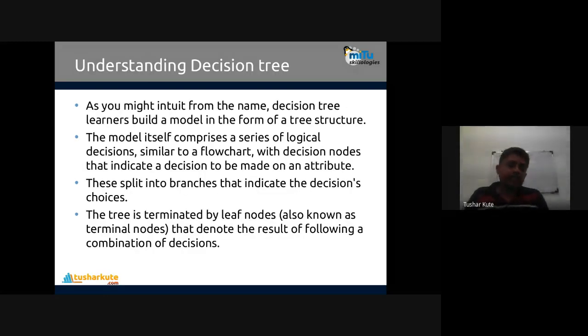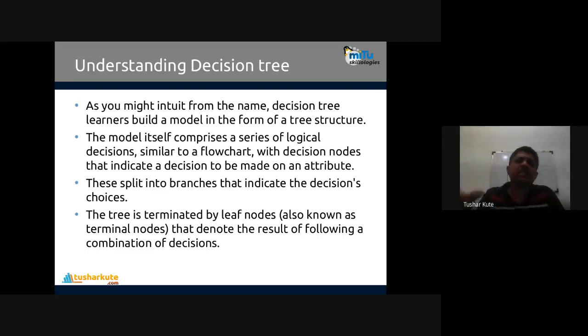So let's understand what exactly a decision tree is and how this model of machine learning is applied. As you might intuit from the name, decision tree learners build a model in the form of a tree structure. The model itself comprises a series of logical decisions similar to flowcharts, with decision nodes that indicate the decision to be made on an attribute. These split into branches. I have a final node that I want to achieve, so I'll have a series of decisions based on the features given.